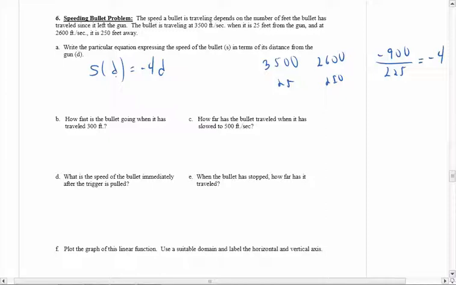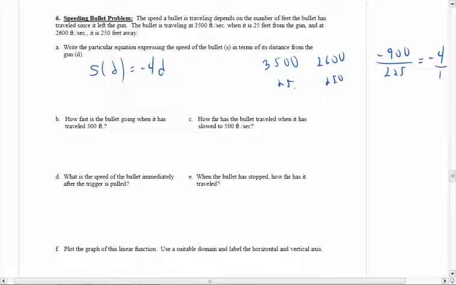And now I have to figure out, well, where is the other one? So that's fine. We can keep going here. Essentially, I can start seeing how fast this thing came out of the gun, and I do that at basically 0 distance. How I can do that is I just think of my slope being negative 4 over 1. So as I go backwards, I should be adding 4 over 1.